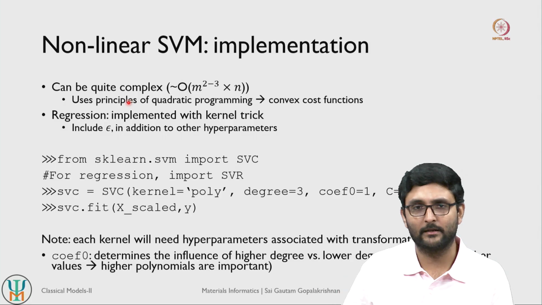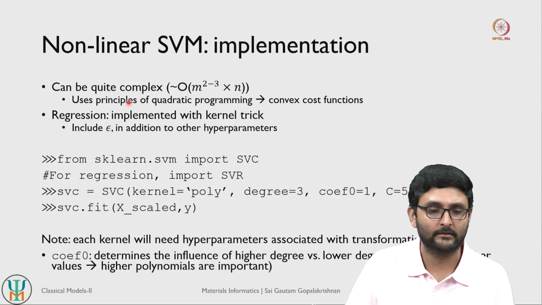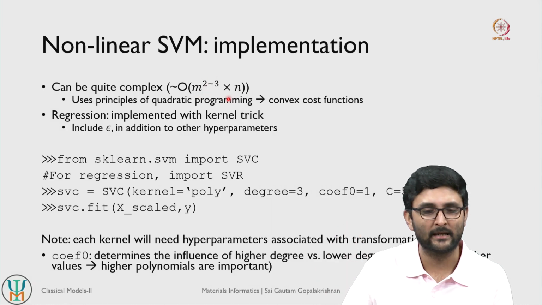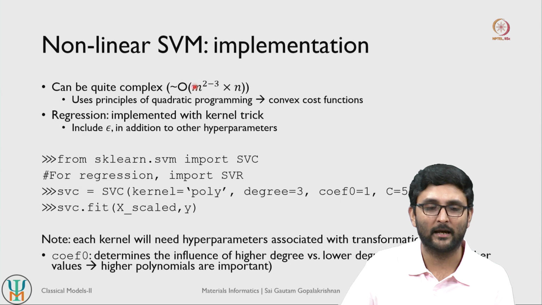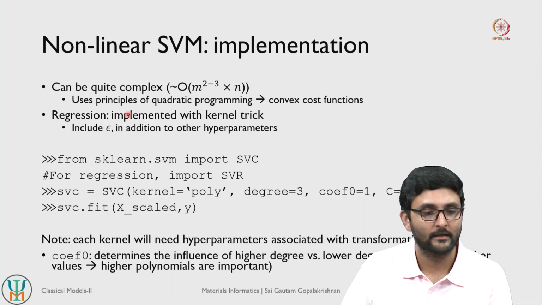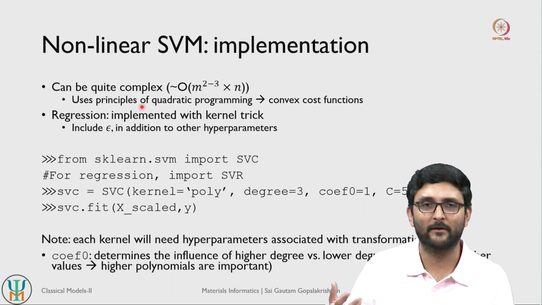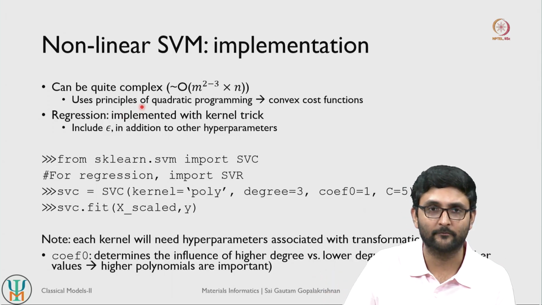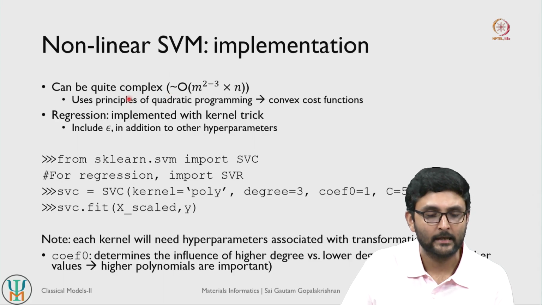Mathematically it can be a little bit complex compared to linear support vector machine models. It scales of the order of m to the power of 2 or 3 times n, where m is the number of data points you have and n is the number of features. So, the larger the number of data points, the heavier the model becomes when it comes to training.